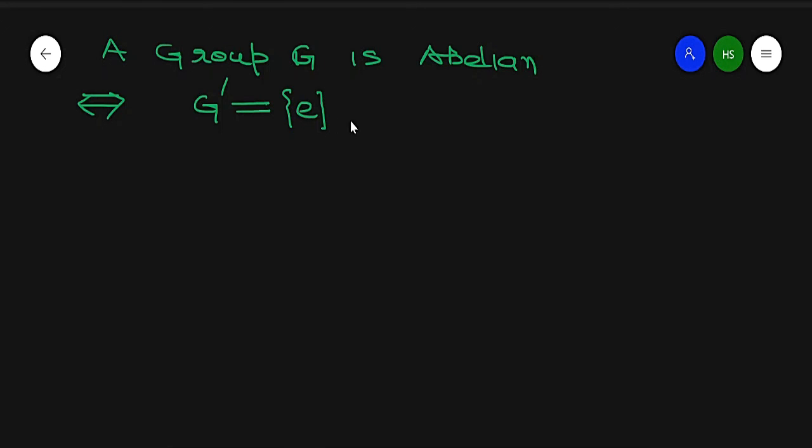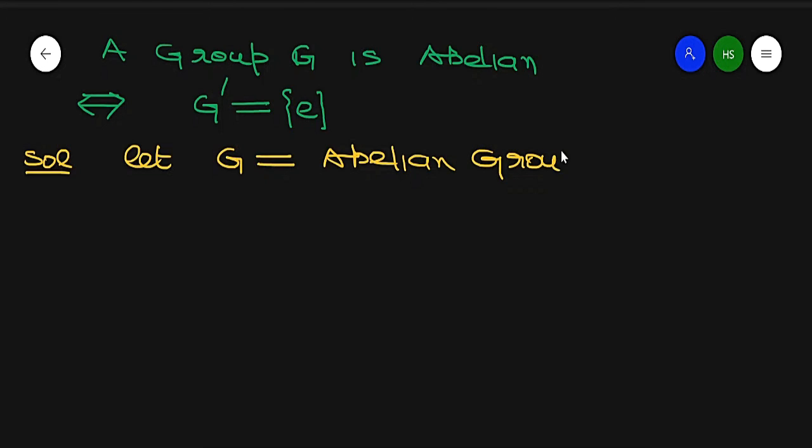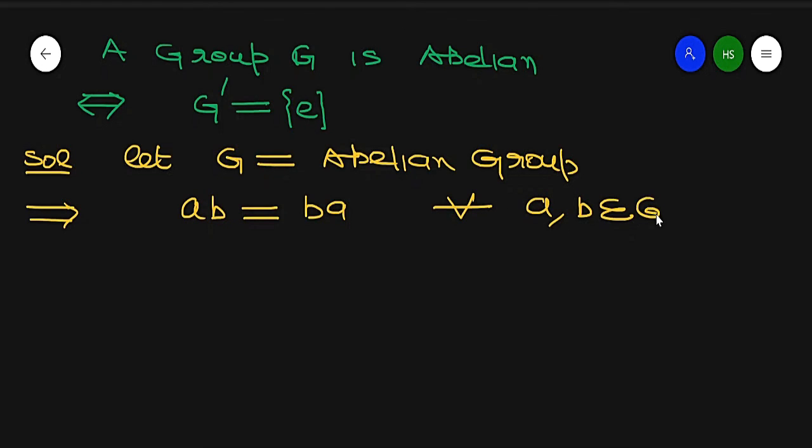So it is a two-way proof. First, let G be an abelian group. If G is an abelian group, then by definition of commutative, ab is equal to ba for every a, b belongs to G.